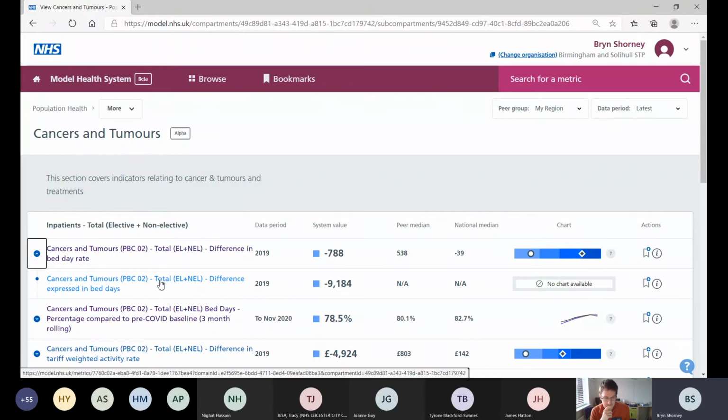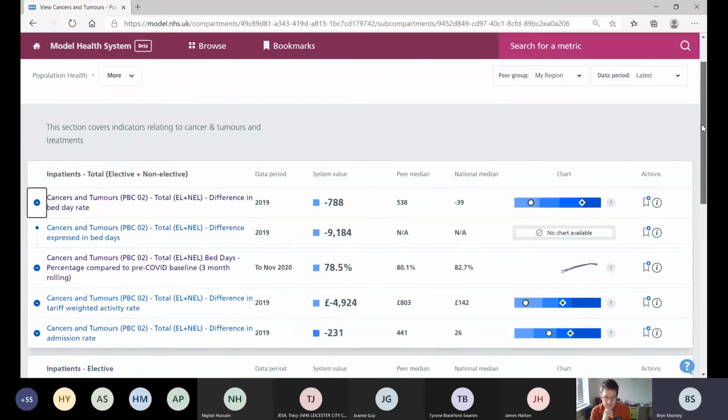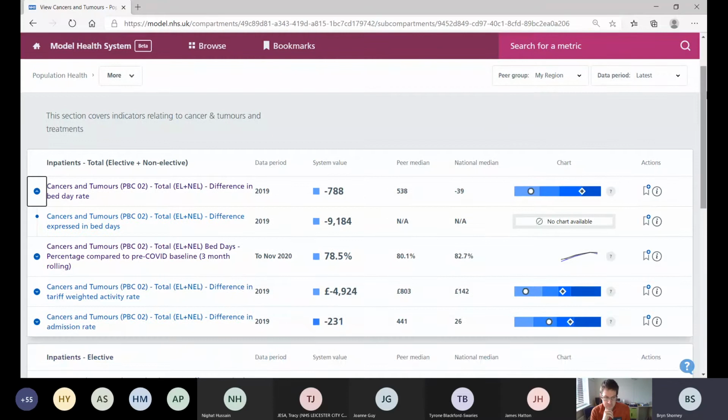So they've currently got 9,000 bed days worth of fewer patients for cancer within the system, and that's the overall bed days.